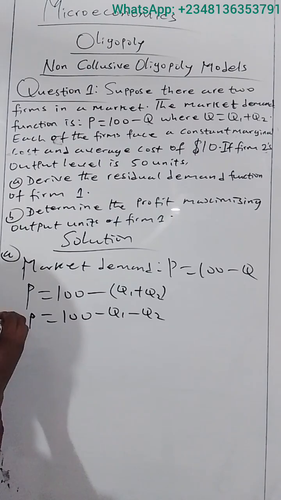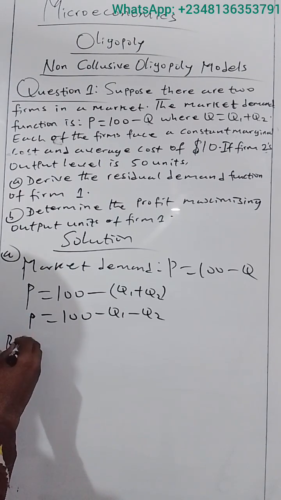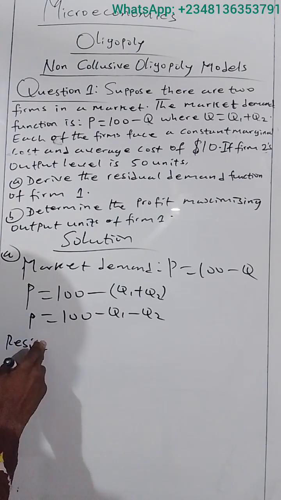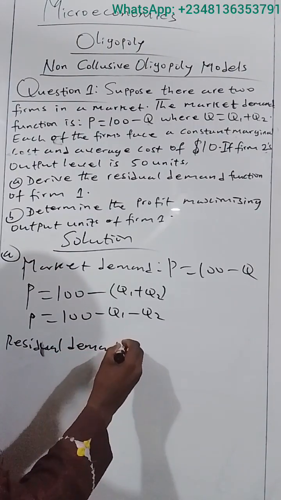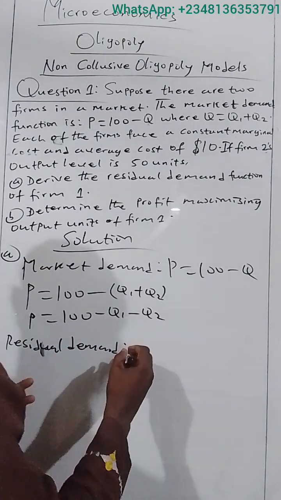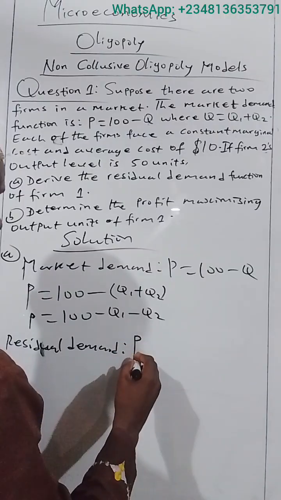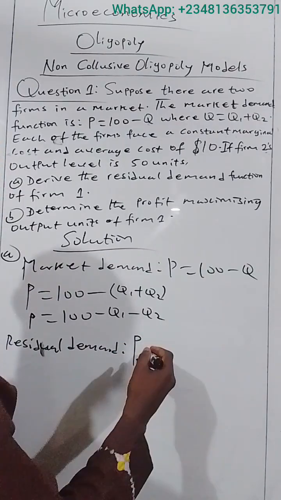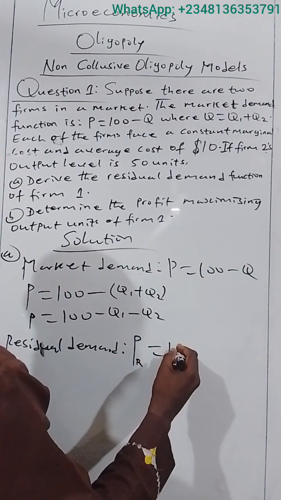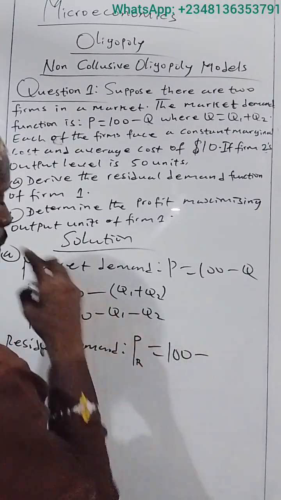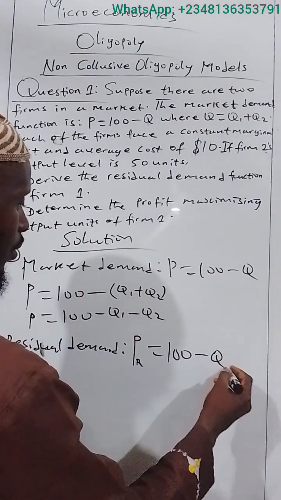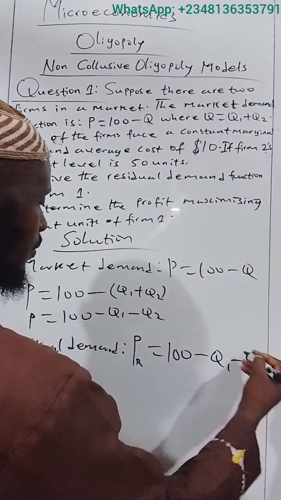In other words, we can derive the residual demand function, PR, residual, which is equal to 100 minus Q1 minus 50.